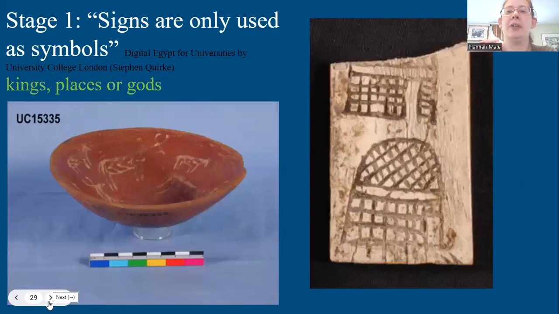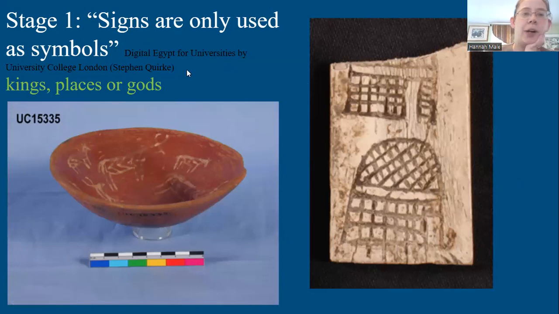I'm not going to go over this part in this video, but if you take my course, these next few slides go over the emergence of the hieroglyphic language and the different phases of it that we have in Egyptian material culture.